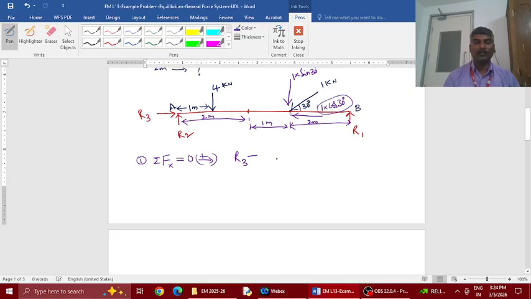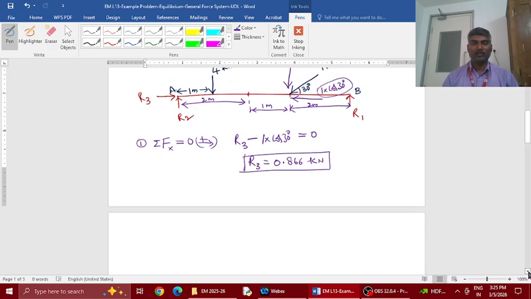This is horizontal, 1 cos 30. So there are only two forces in the horizontal direction, and we get the R3 value. R3 is equal to 0.866 kilonewton. So this is the horizontal reaction acting at the left end.